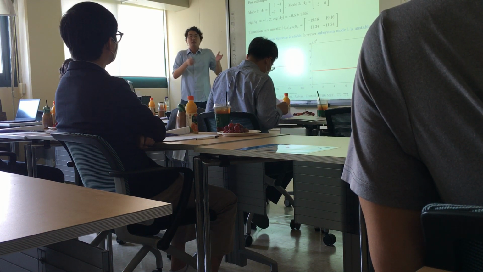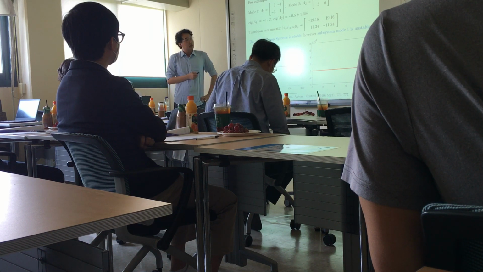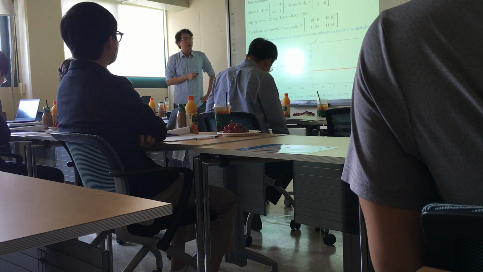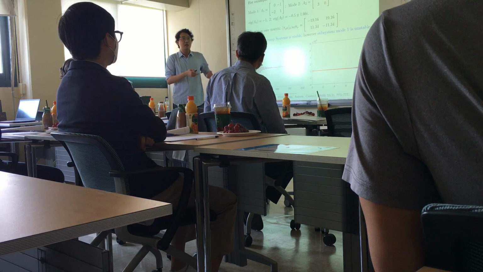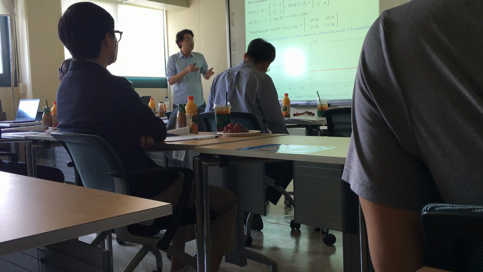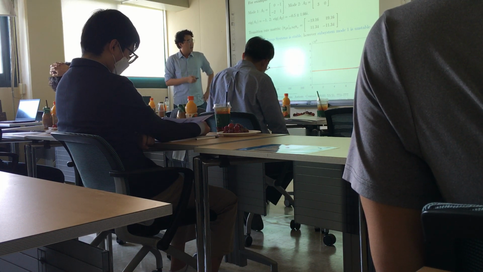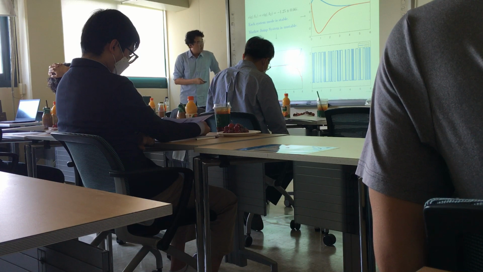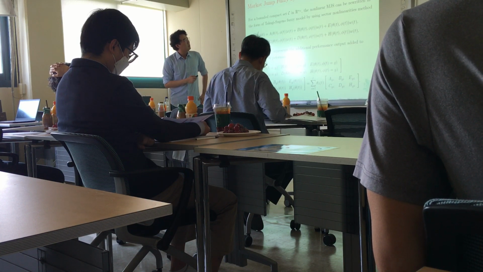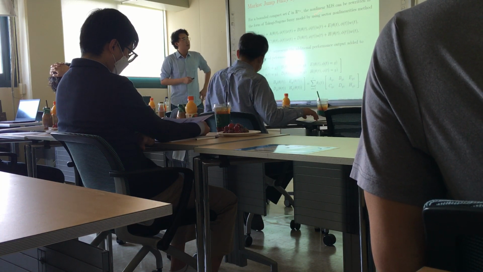So via the two examples, we conclude that the stability of the Markov system should be considered in the stochastic sense, not the deterministic sense.